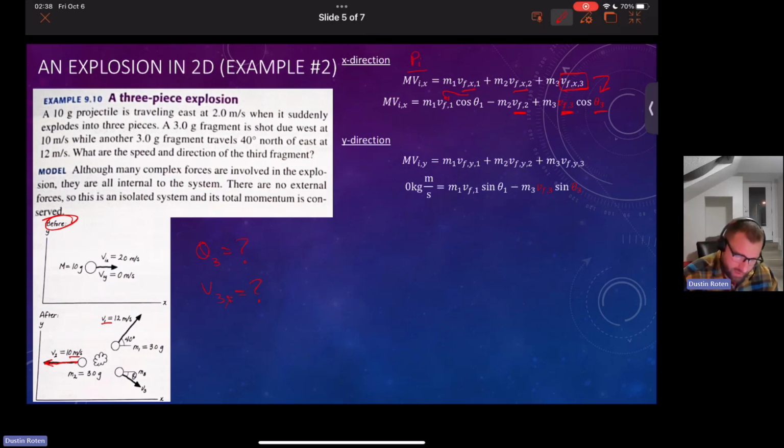Same thing again. I've got my overall big chunk of stuff before it explodes. This is my prior, my initial. Then I have all of my final momenta after this thing explodes, but now we're just thinking about the y direction.